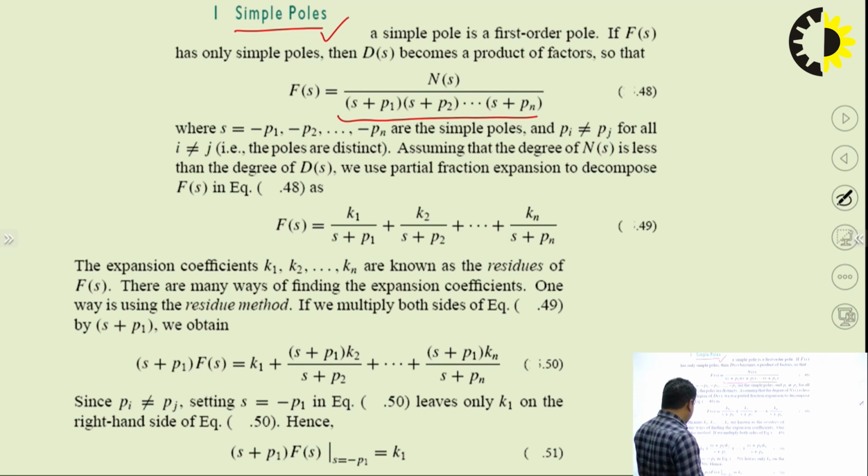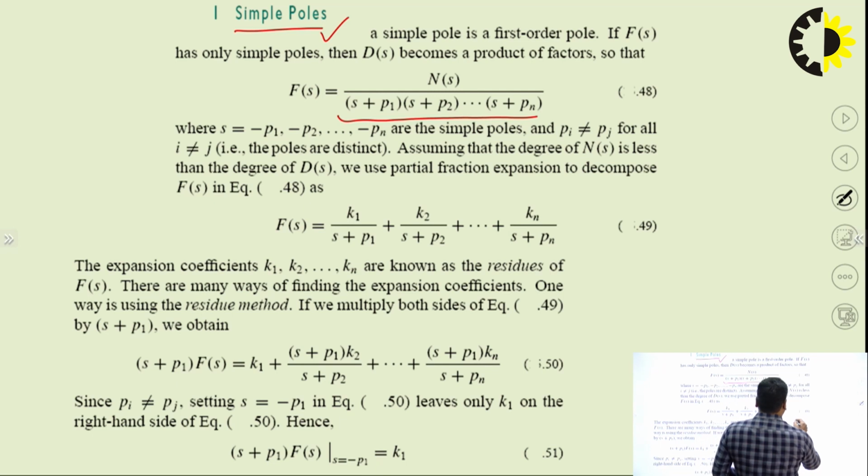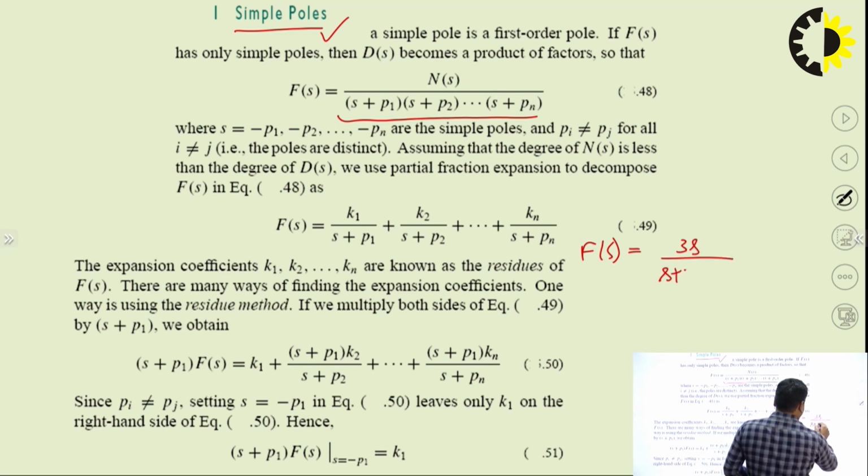To find the value of K1, let's take an example: F(s) equals (3s) upon (s plus 2)(s plus 3), which can be written as a upon s plus 2 plus b upon s plus 3.